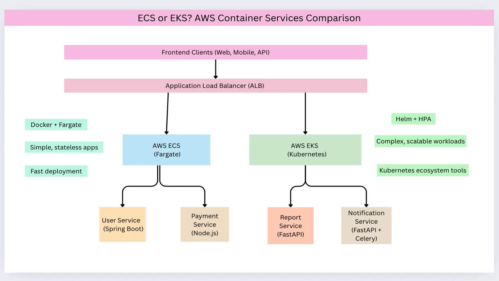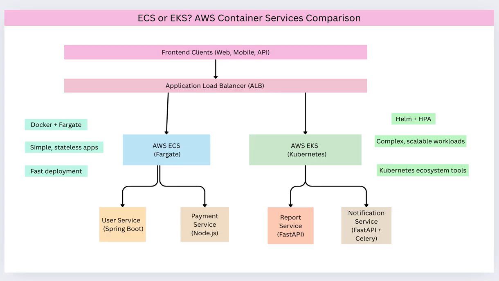In practice, here's what the ECS deployments look like. We built the Docker images for each microservice and pushed them to Amazon ECR, which is AWS's container registry.